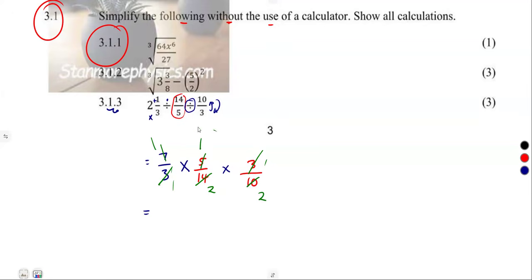So we are done. The numerators can only be multiplied together. 1 times 1 times 1 is 1, over 1 times 2 times 2, which is 4. So that's 1 over 4 in simplest form, we can have it that way. All right, simple like that.